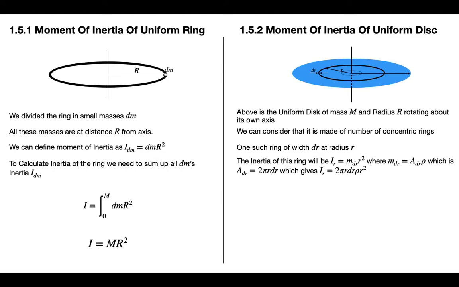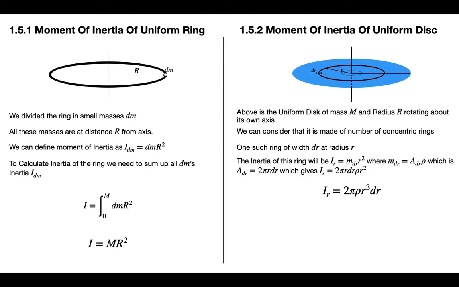Now, to calculate the mass of that ring, mdr, which is equal to the area of that ring into the density, and the area of that ring is 2 pi r into dr, where dr is the width. This gives inertia equal to 2 pi r dr rho, that will be the mass mdr, into r square. So you get the inertia of that particular ring.